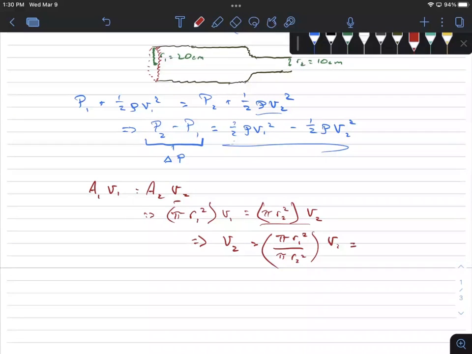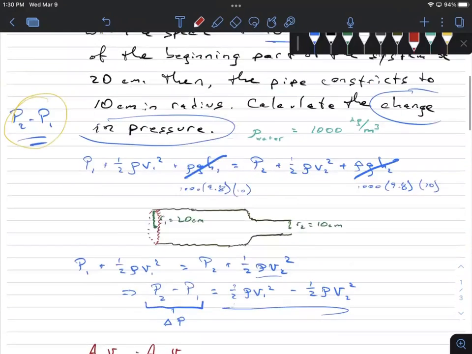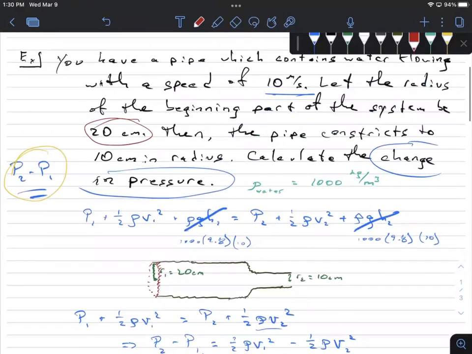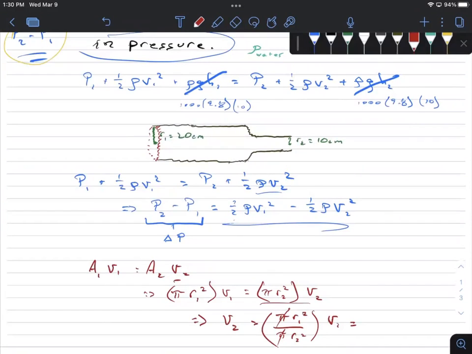So what do we have? Well, first the pi's cancel out because pi on top, pi on bottom, they divide each other. And so all I have is r1 squared. R1 is 20 centimeters. But centimeters is bad, as was discussed earlier. So it's 0.2 squared.